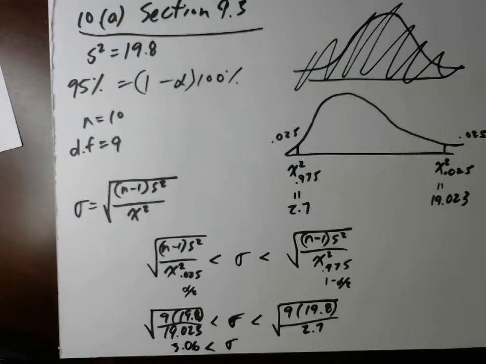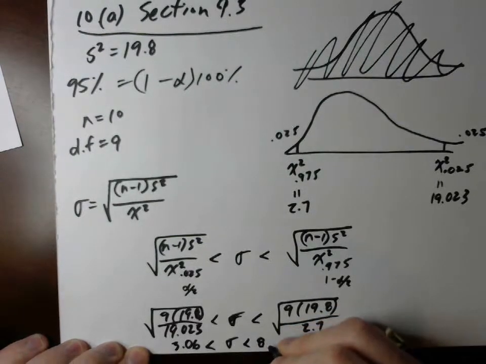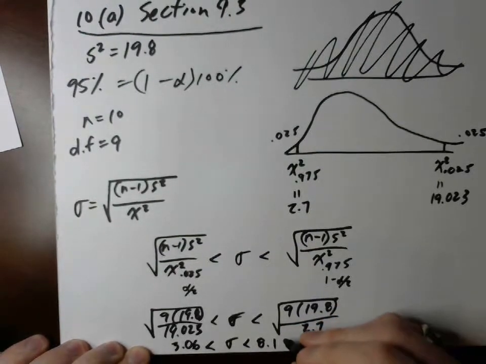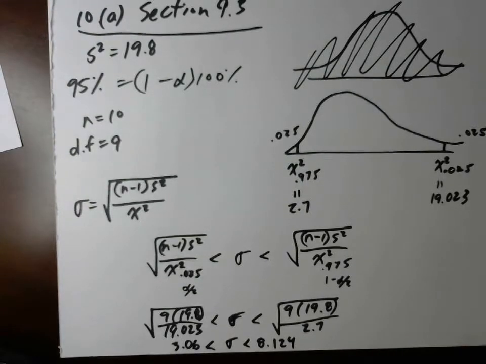And now we do the same thing. We put 2.7 in the denominator, and we have 8.124. There we go. Put 1 there, 3 decimals for both. So we've just derived the confidence interval for sigma.